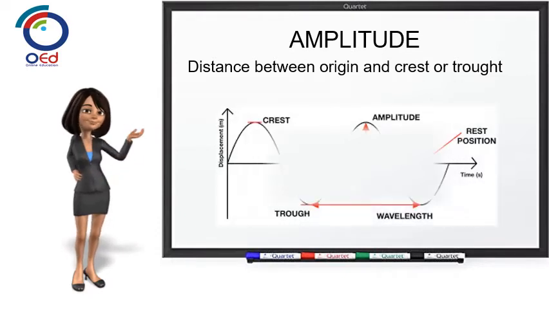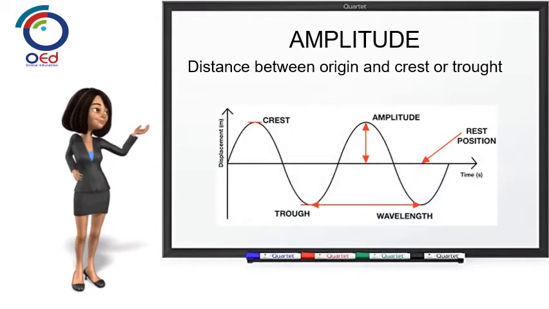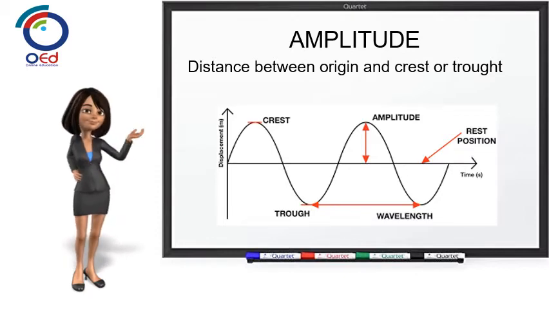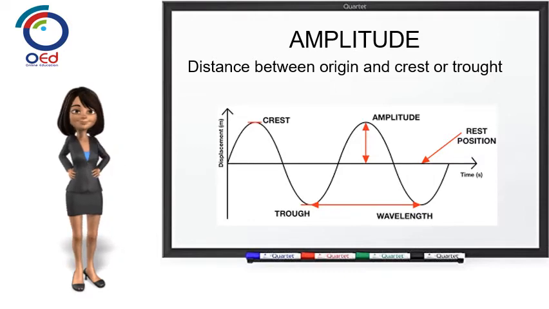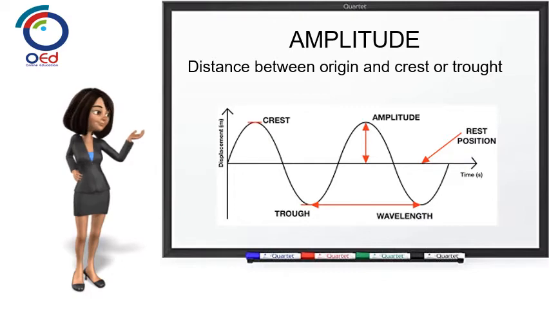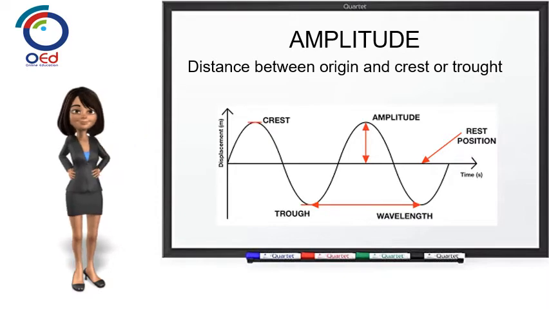As you can see here, the trough is lower and the crest is higher. The horizontal line is called rest position or time, and the vertical line is called displacement. The wavelength is the distance between identical points on consecutive waves.